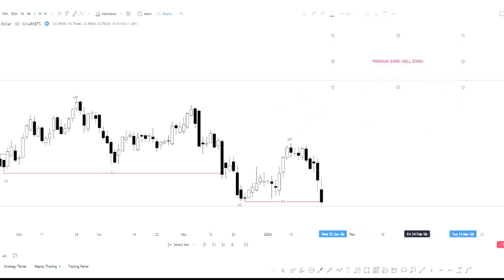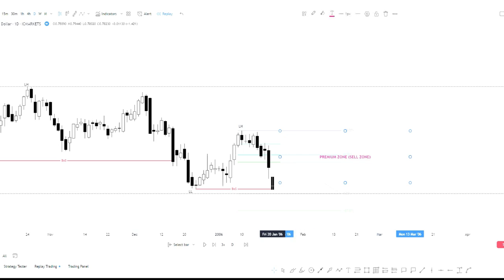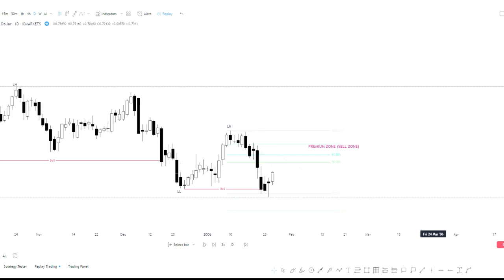What I need to do next is use Fibonacci again from the lower high to the most recent market price, and be ready and waiting for the market to retrace to our trading zone or sell zone between 50% and 100% Fibonacci. Now I need to do a little adjustment for Fibonacci.